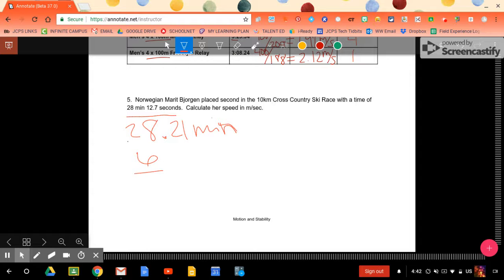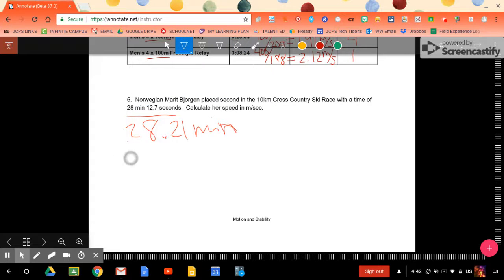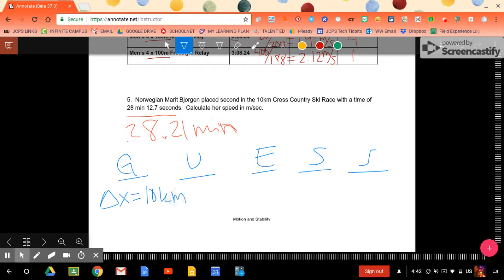So we're going to use our GUESS method. G, U, E, S, S. Okay, so we're given our distance, which is 10 kilometers, and we're given our time, which is 28.21 minutes.